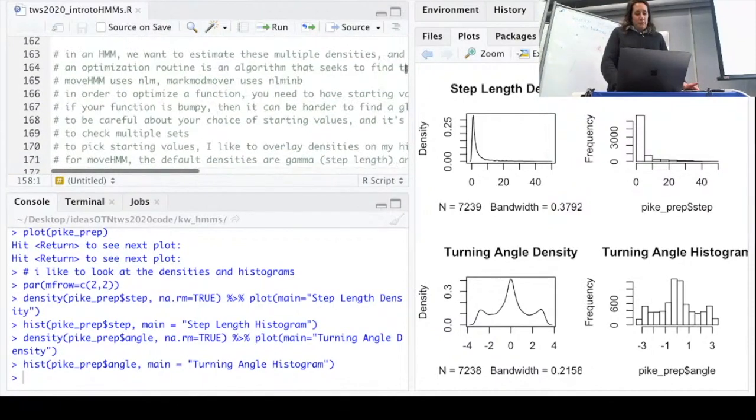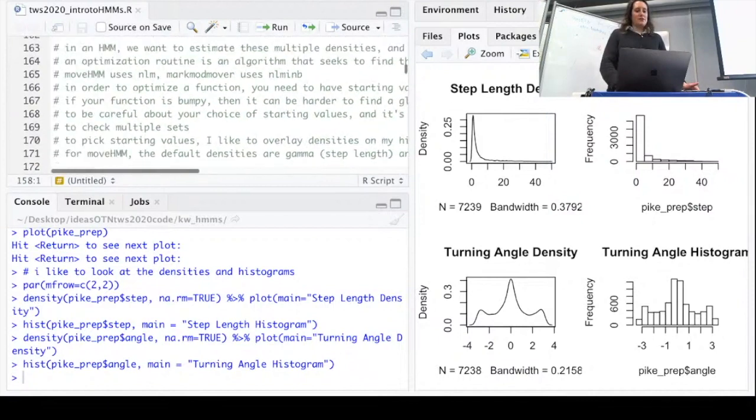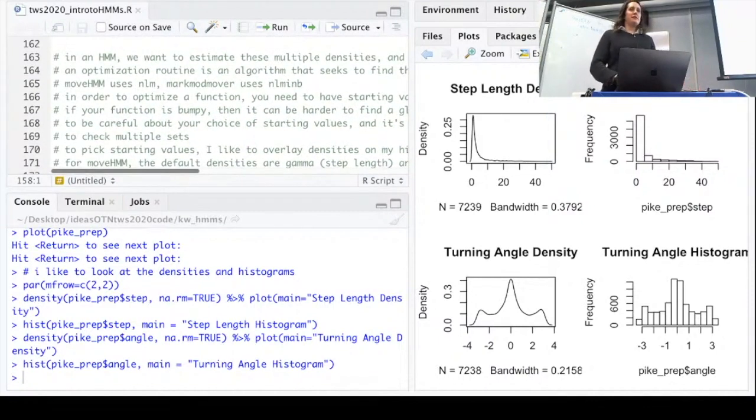And I can't remember why I did this. Oh yeah. So the way we do this is that moveHMM and Markov models use maximum likelihood estimation, which means that we are optimizing a function, basically. And in order to optimize a function, we need to be able to provide it with starting values, okay?